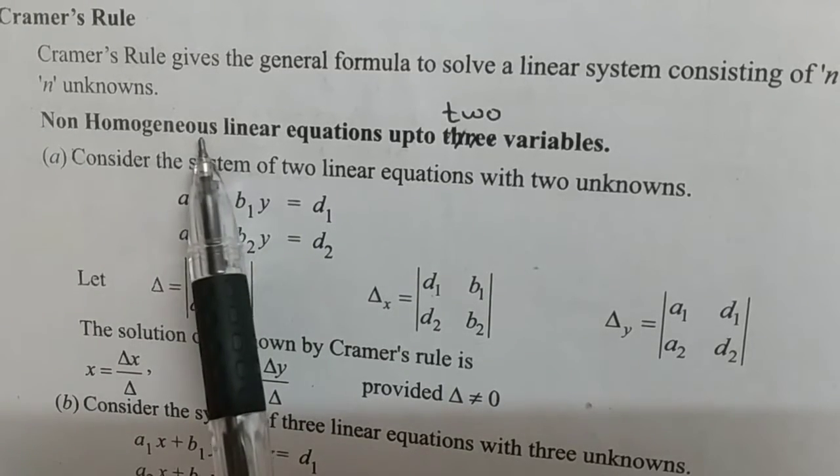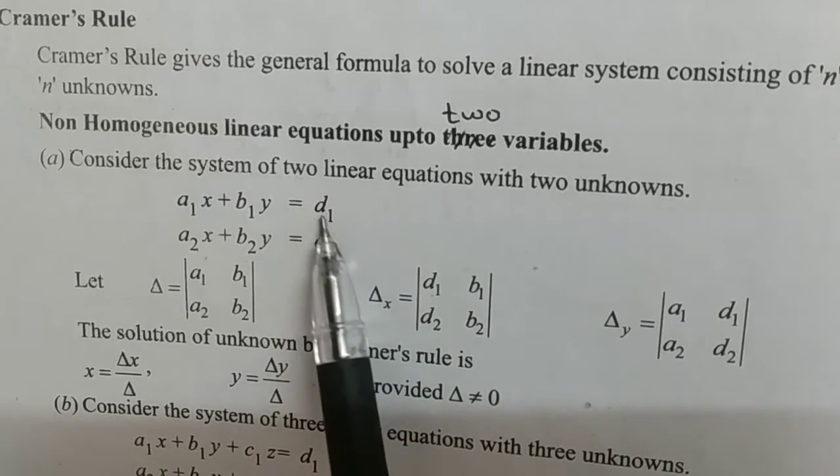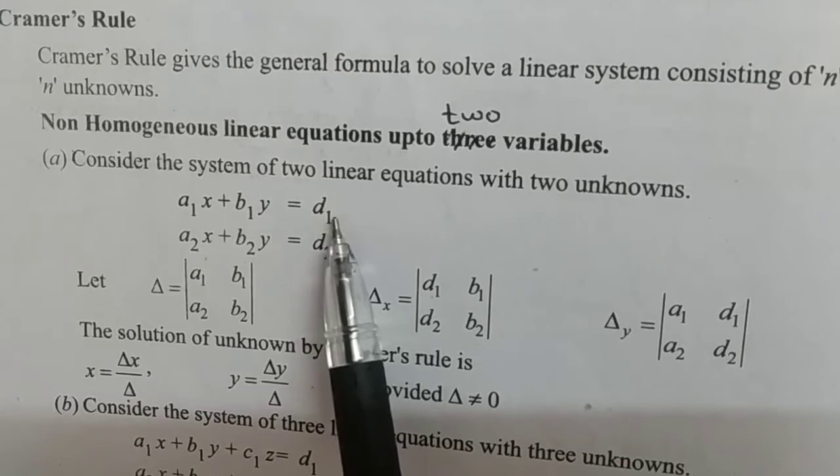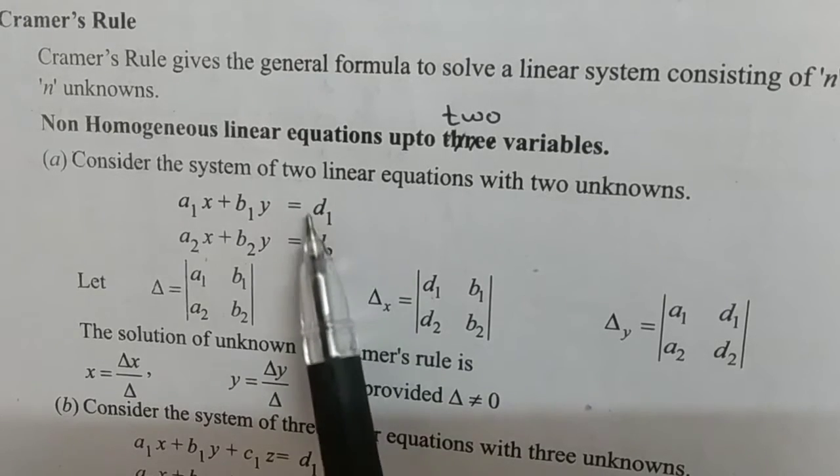Here non-homogeneous equation means a1x plus b1y equal to d1. Here d1 is some constant term, 2, 3, 4, 5, 6 or minus 1, minus 2, any other constant term.